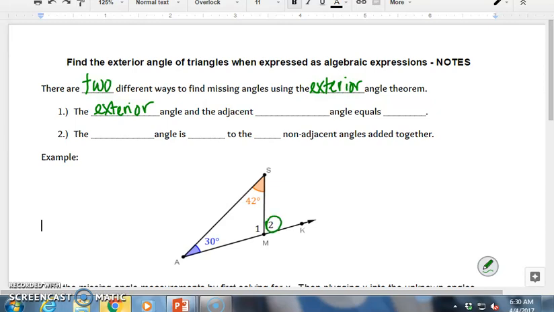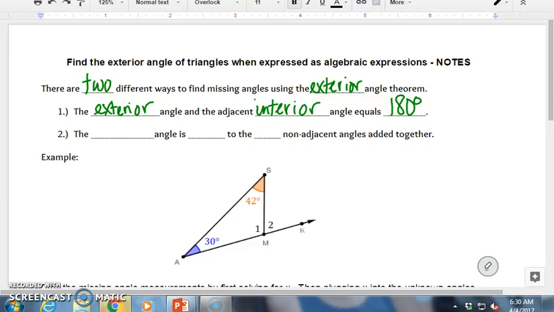So angle number 2 is the exterior angle, and the adjacent interior angle, so adjacent means next to, that's number 1, always equals 180 degrees. So that's one way that we talked about yesterday.